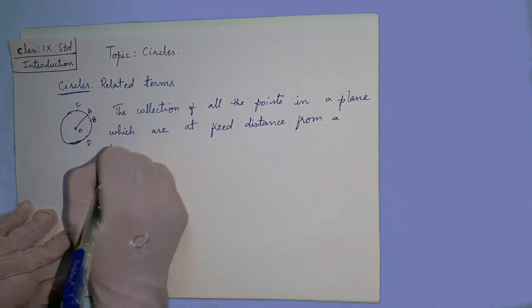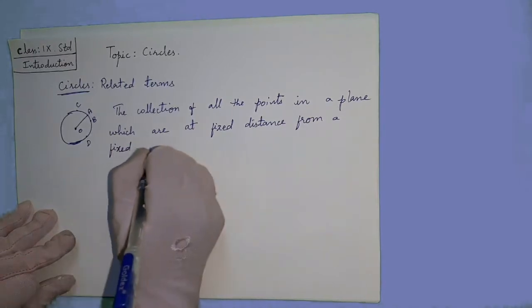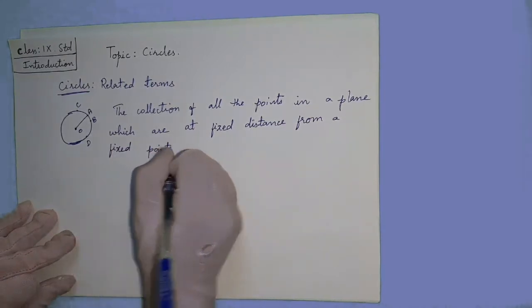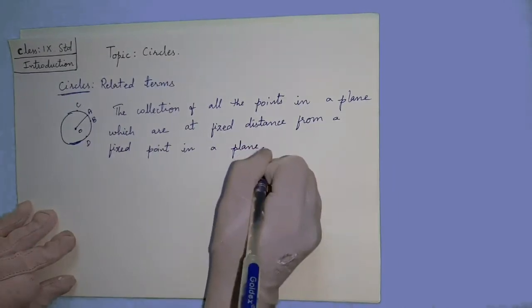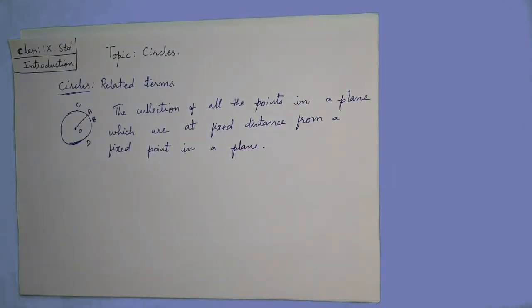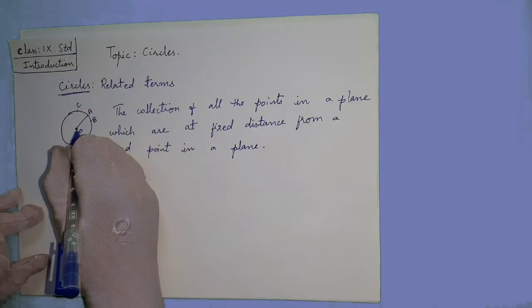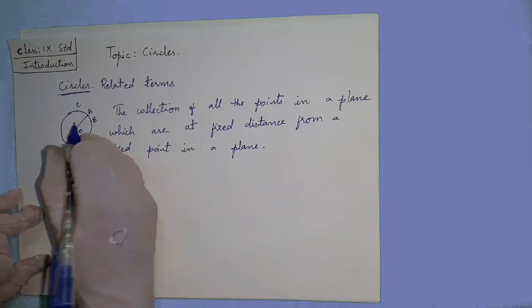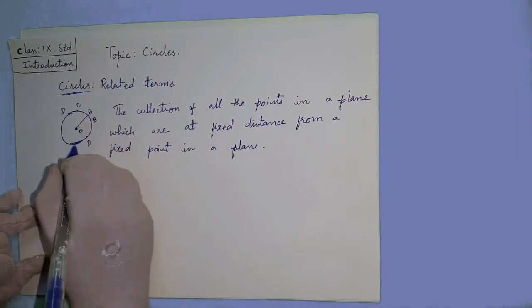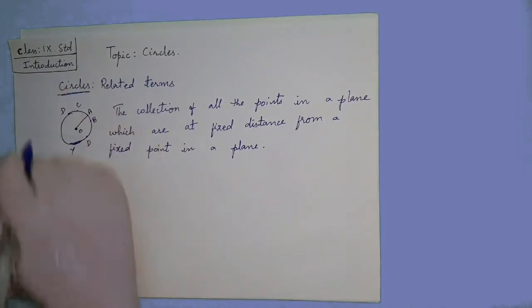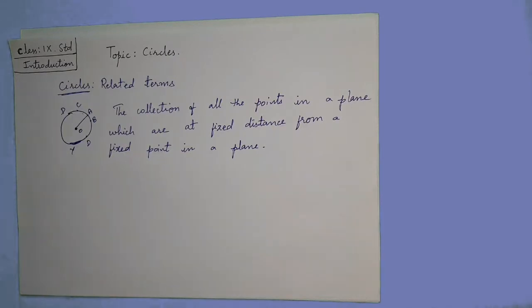So the definition for the circle is the collection of all the points in a plane which are at a fixed distance. The fixed point we are taking as the center, which is O here. From O, if you take all the points, if I take point D, or point Y, these all will be at an equal distance. That is the definition for circles.